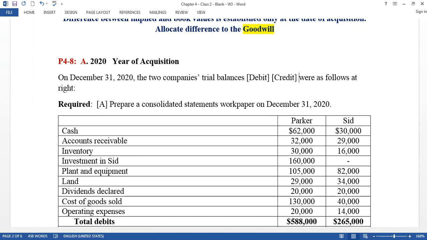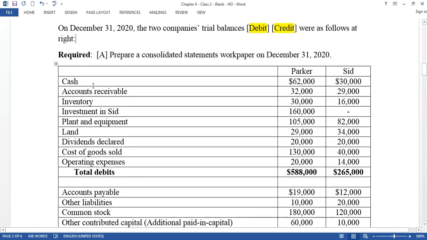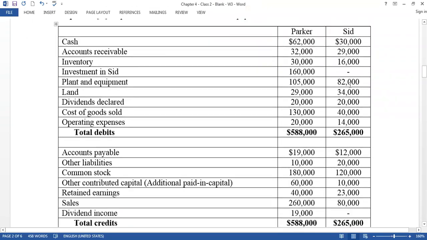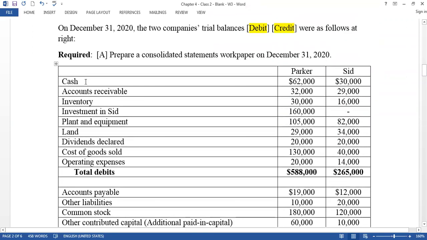But this question gives you all the debits together and all the credits together. You understand? So these are the parent company's and subsidiary company's accounts. For your information, do it quickly. Cash is an asset.